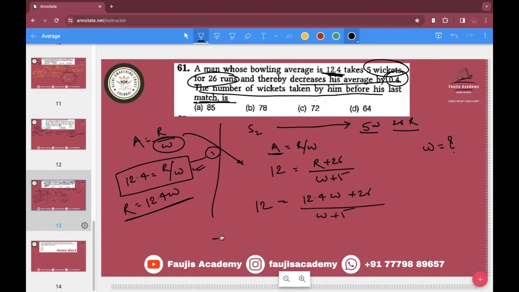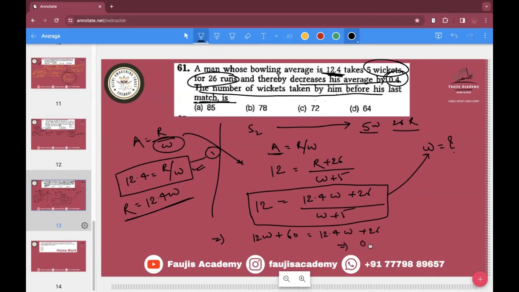Can you guys do this calculation at your own end and tell me what is the answer for W? I will also do it. 12W plus 60 is equal to 12.4 W plus 26, right?